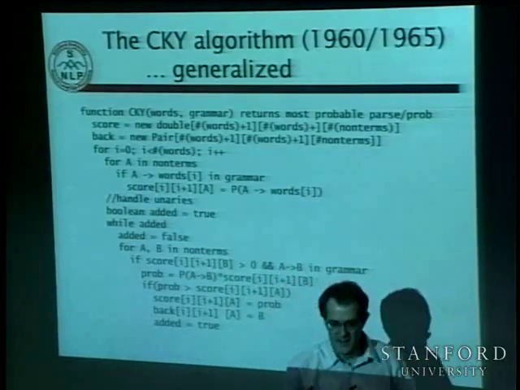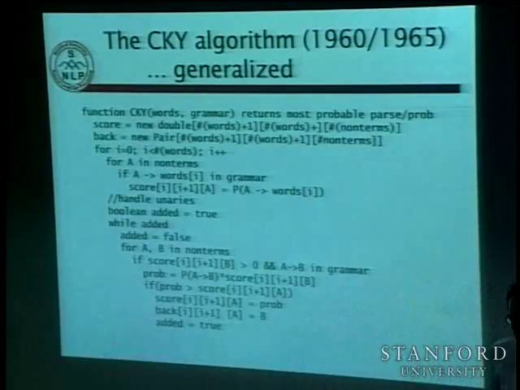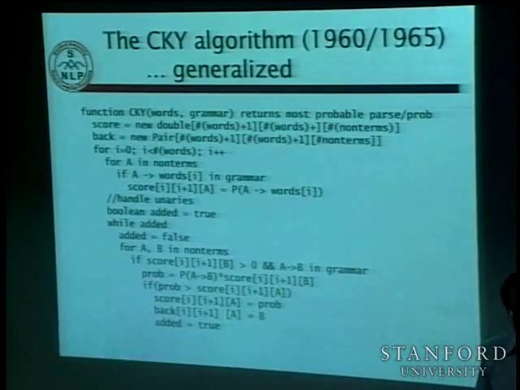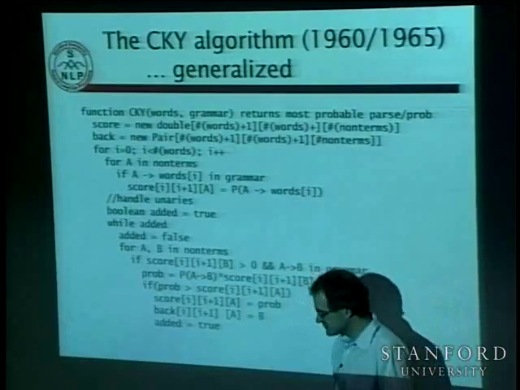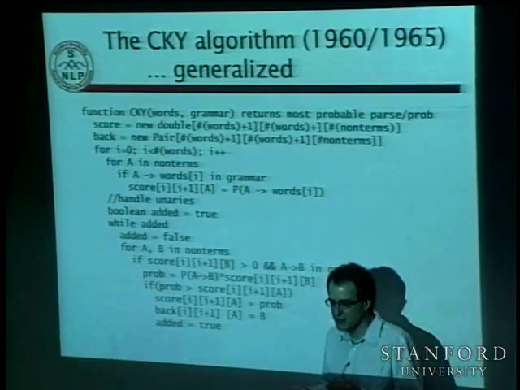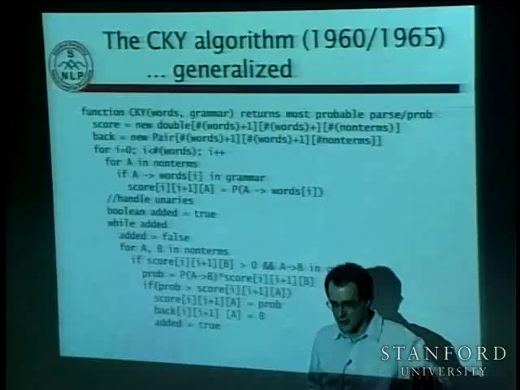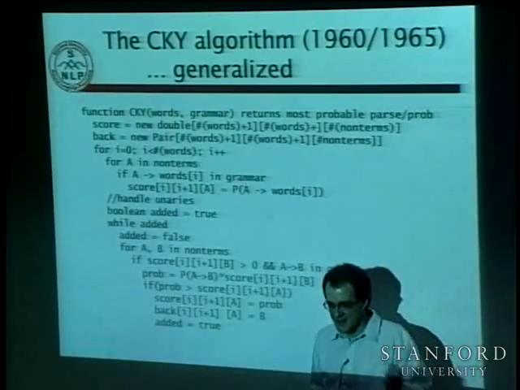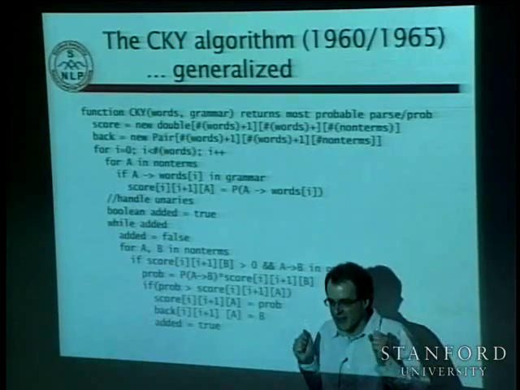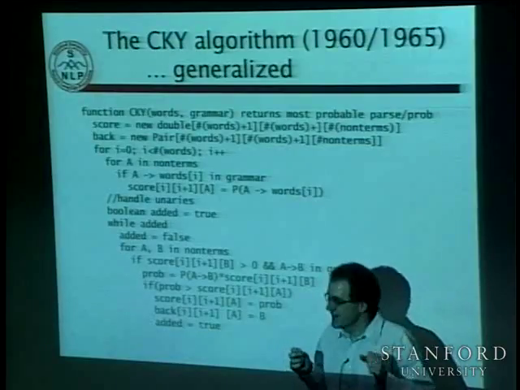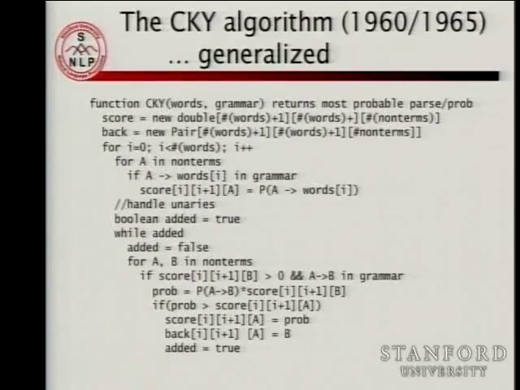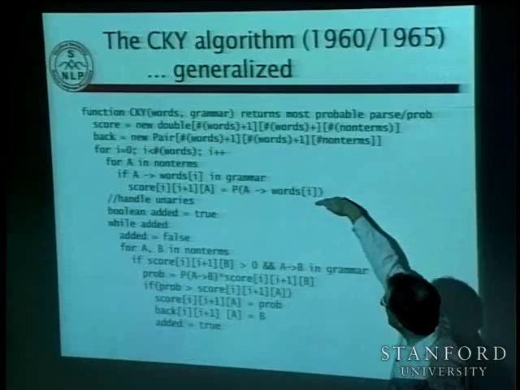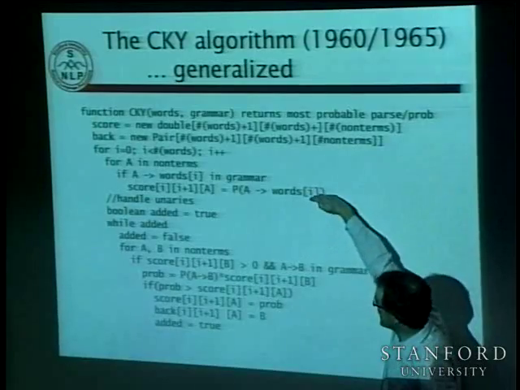So I look up my lexicon and see what categories the words can have, and I stick that into the very bottom of the chart. Okay. So conceptually, there are two phases. The first phase is doing the lexical lookup, and the second phase is filling in all the rest of the chart. And the second phase is on the second slide.